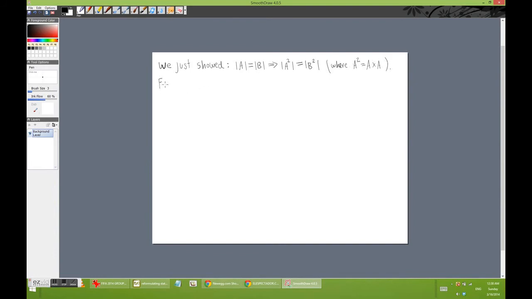Remember the notation, A squared equals A cross A for every set A. We're going to use another fact here, that N cross N is countably infinite. In other words, the cardinality of N equals the cardinality of N cross N. We'll leave it as an exercise, but this is a well-known fact.